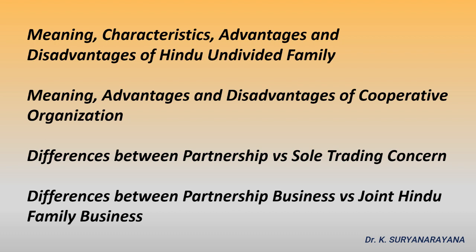However, this type of undertaking is losing its ground in the present society. Joint Hindu family form of organization is prevalent only in India and that too among Hindus. The business of joint Hindu family is controlled under Hindu law. The Hindu joint family business, as the name suggests, is usually seen among the Hindu joint families in India.